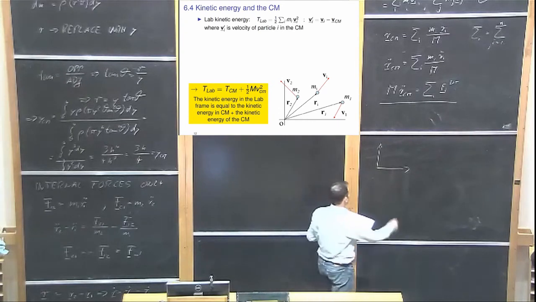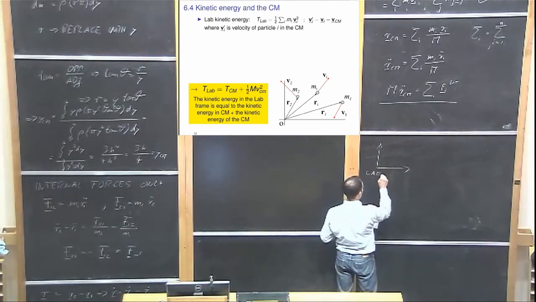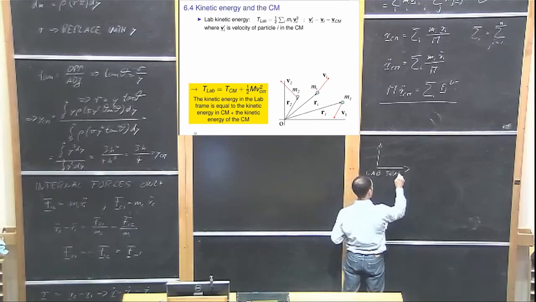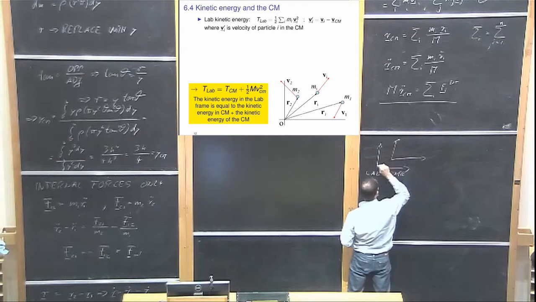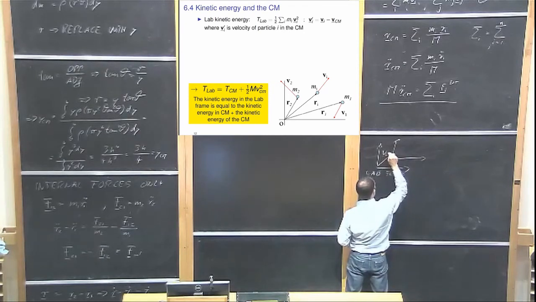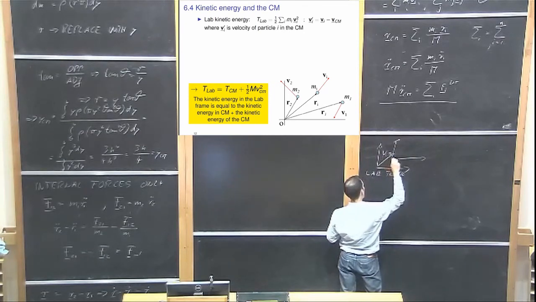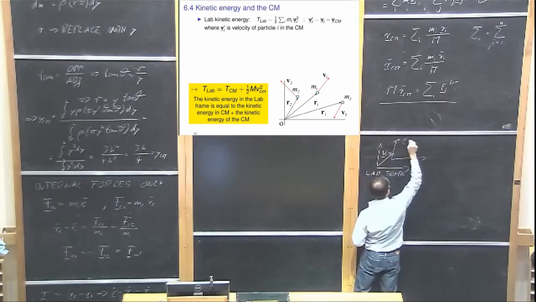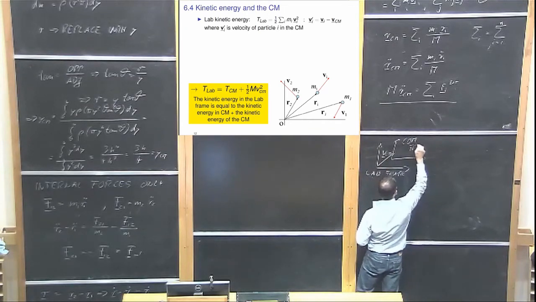We've got one, this is our lab frame. And we've got some other frame which is moving with a velocity V_cm with respect to it, and that's our center of mass frame.